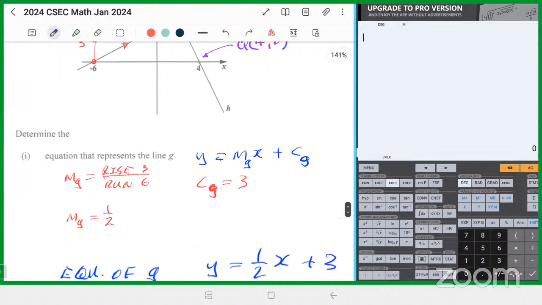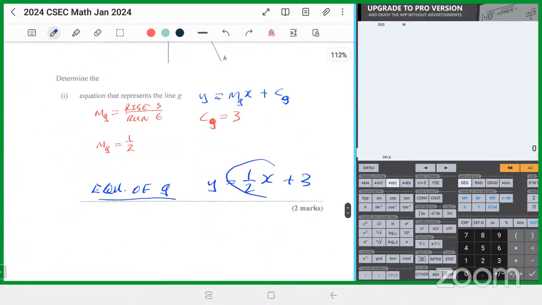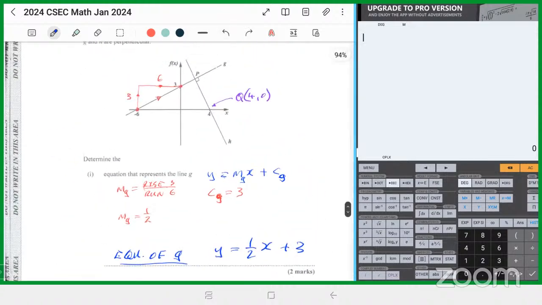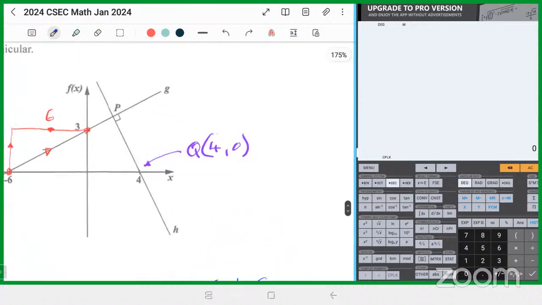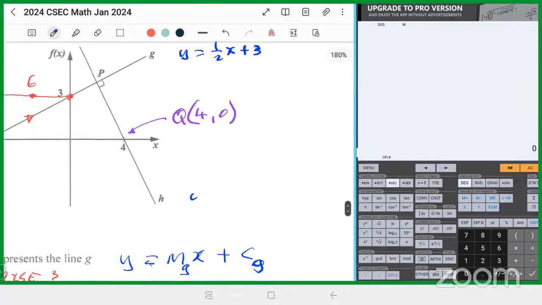Remember that G line was y equals half x plus 3. And this line H was y equals minus 2x plus 8.